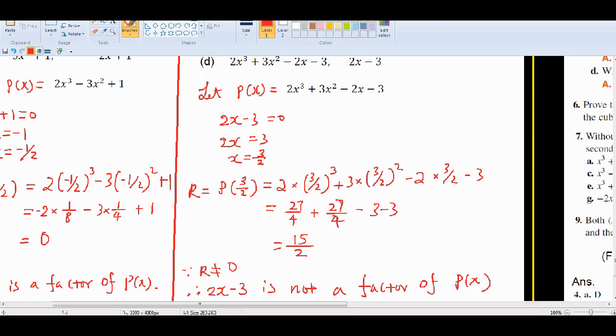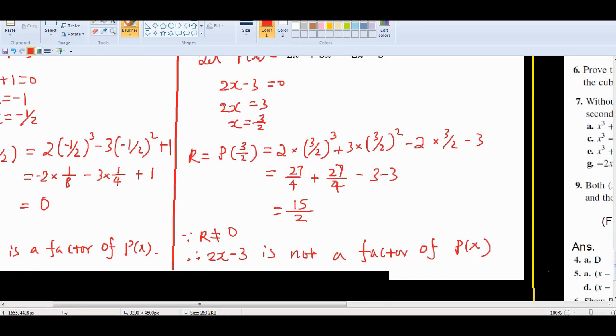And after you substitute that 3/2 into the polynomial, you will have a remainder of 15 divided by 2, which is, of course, not 0. As a result, your conclusion should be 2x minus 3 is not a factor of p(x).